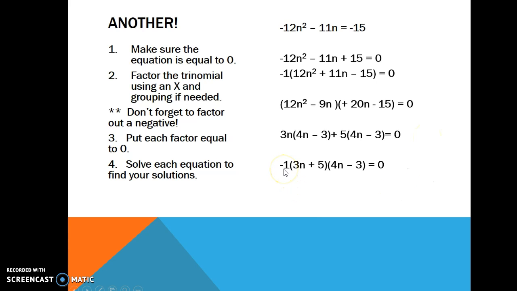We get that our factors are negative 1, 3n plus 5, and 4n minus 3. We don't have to worry about putting negative 1 equal to 0. It doesn't have a variable with it, so it's not going to be a root or a solution. And we get the solutions of negative 5/3 and 3/4.